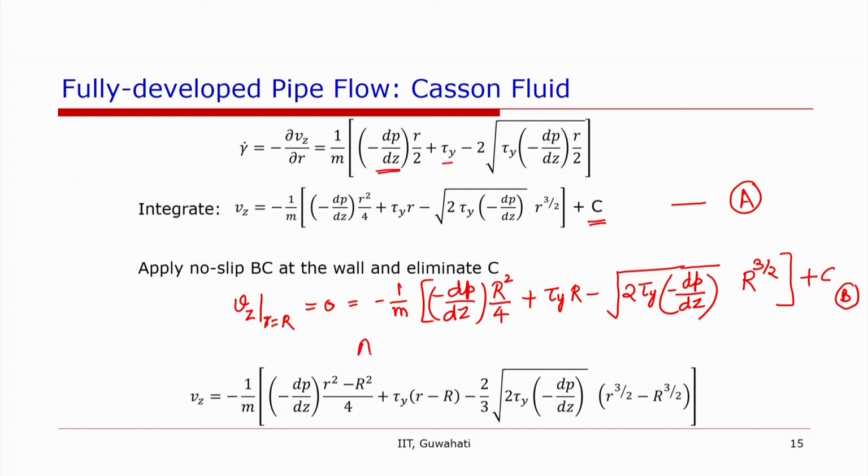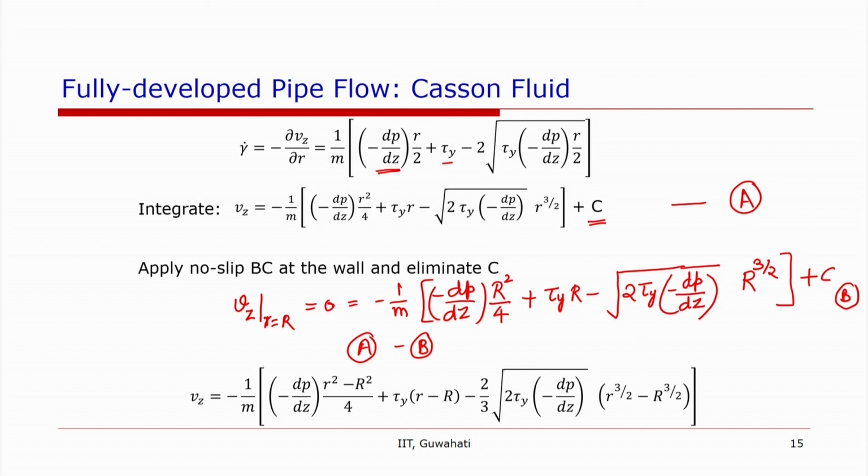So if we say this equation as A and this equation as B, what we can do to eliminate C is A minus B. If we do that, Vz minus 0 is Vz, minus 1 over m, and now we can subtract the terms one by one. So minus dp by dz multiplied by R square minus capital R square by 4 plus tau y R minus capital R, minus this all root 2 tau y minus dp by dz R power 3 by 2.